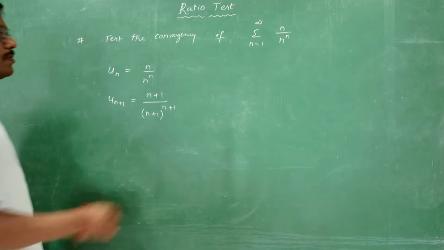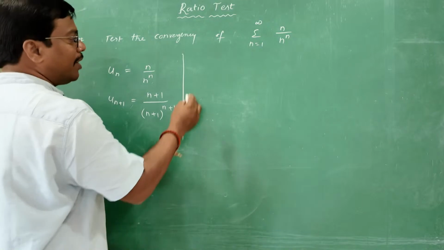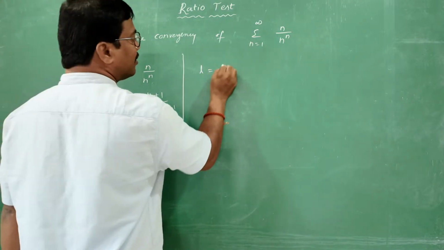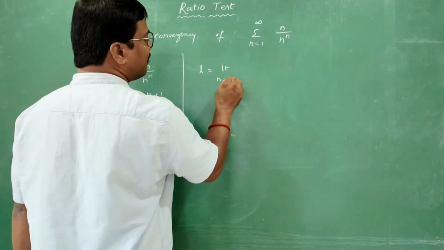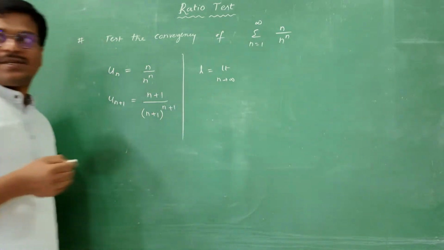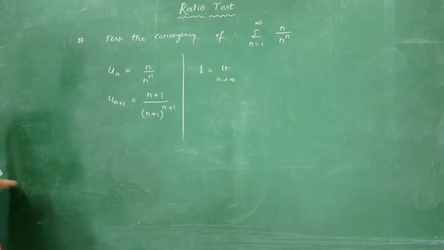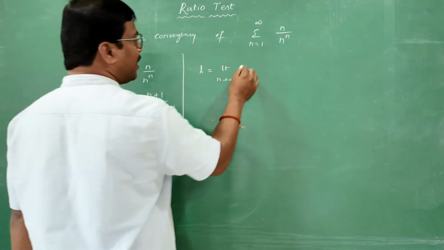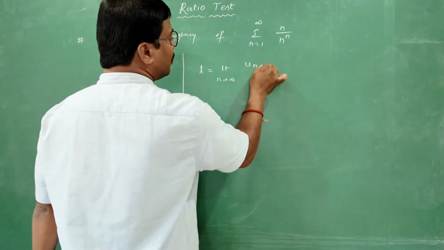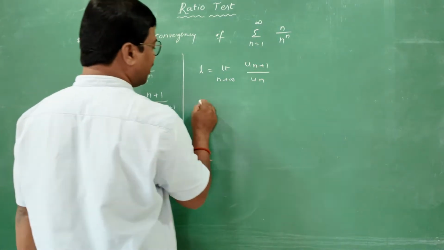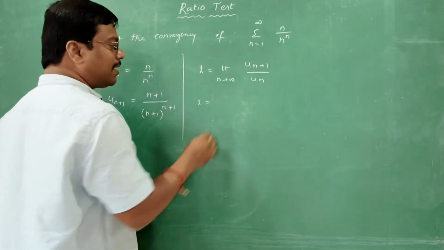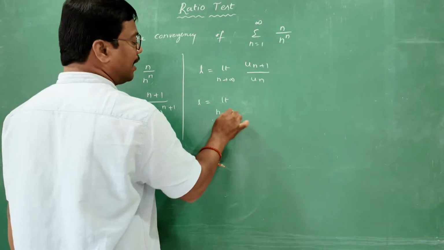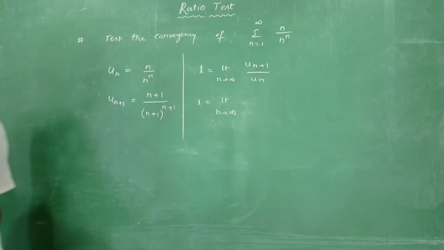Okay. Now I am going to calculate the limit value, limit n tends to infinity. By the ratio test you need to find the limit value as n tends to infinity of the ratio un plus 1 by un, right? So L equals limit n tends to infinity. What is un plus 1?